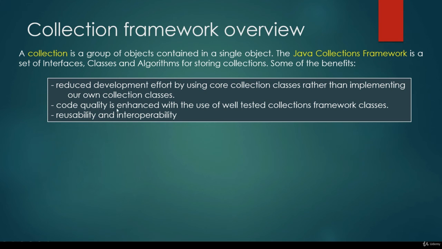Then code quality is enhanced with the use of well-tested collections framework classes. So we can take it for granted that these abstract data types and data structures are working fine and as efficiently as possible. Then reusability and interoperability are very crucial features of the Java collections framework.